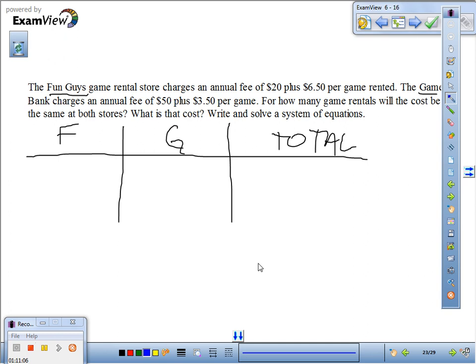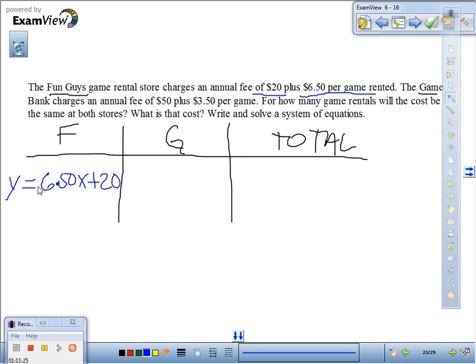So here we go. How much do they charge from the beginning at the first store? $20, so that's plus 20. How much per game? $6.50, so we write 6.50x. But since we need to write a two-variable equation, we write it as what? Y equals that.